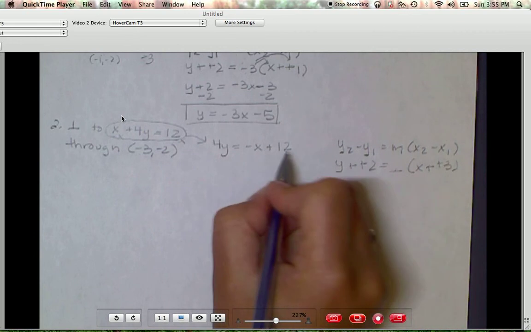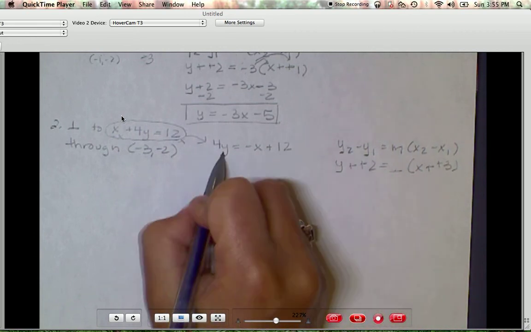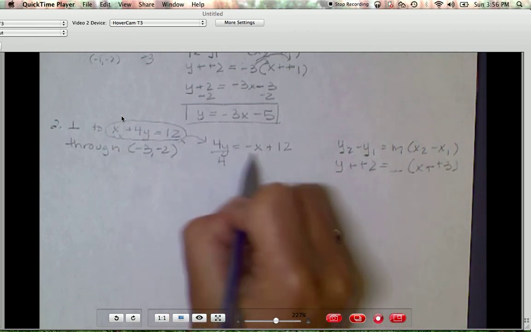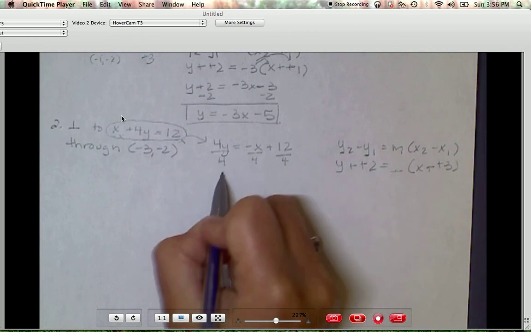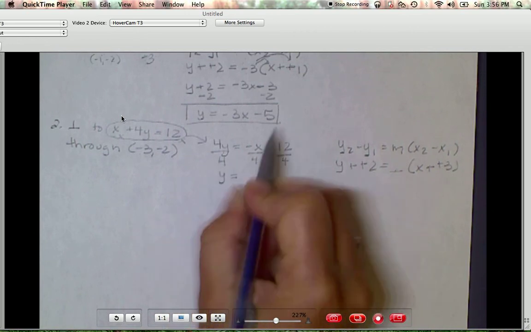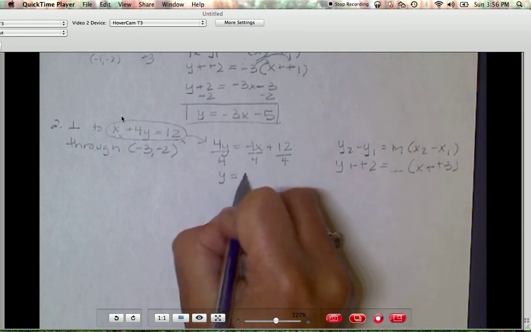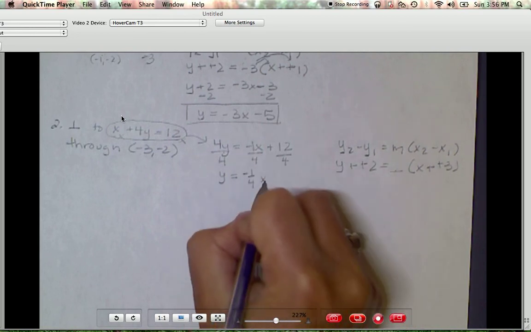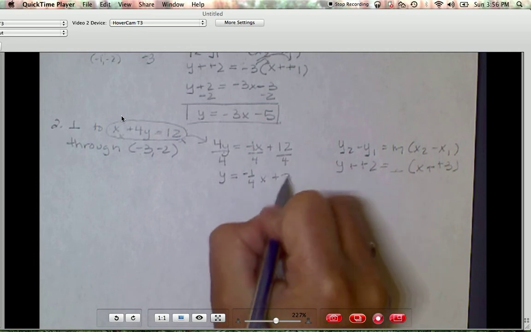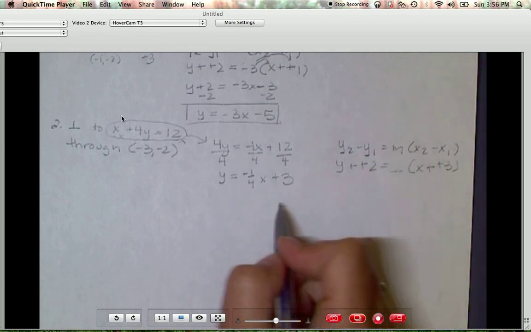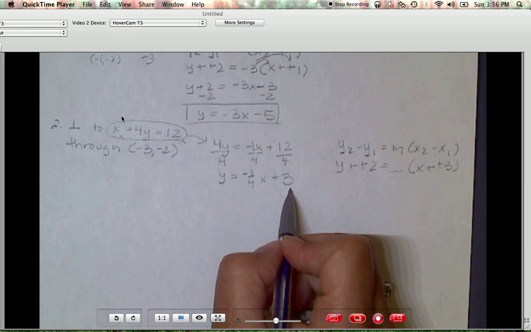We still don't know the slope because we still need to solve for y. So we divide each piece by 4 and we get y equals, remember this is understood to be a 1, so we write negative 1/4 x plus 12 divided by 4, which is 3. So here is the equation of our line in slope-intercept form.